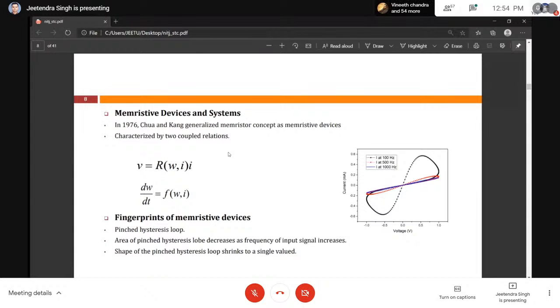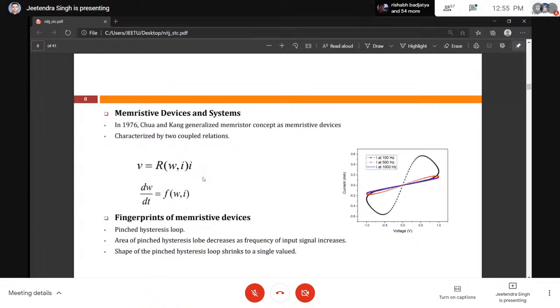He said that if any device is governed by these two equations, that is, the resistance is position dependent as well as dependent on the current passing through it, and the derivative of this position is also a function of the current as well as the position, then these devices basically come into the category of memory systems.